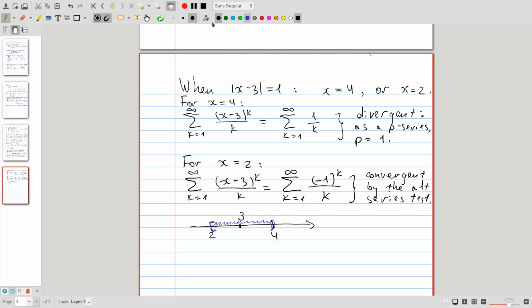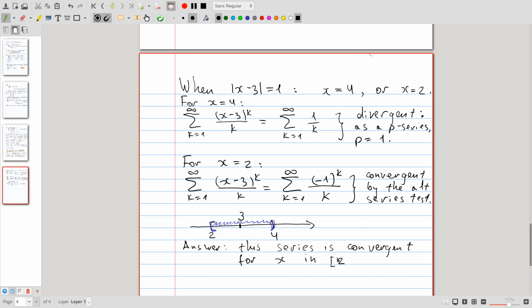So we can write down our answer. This series is convergent for x in the half open interval from 2 to 4.